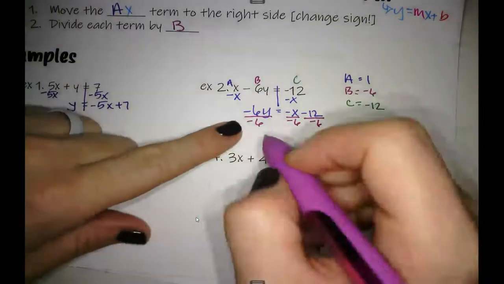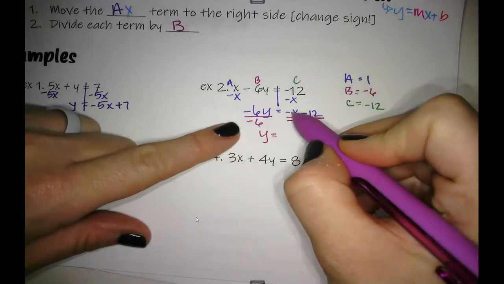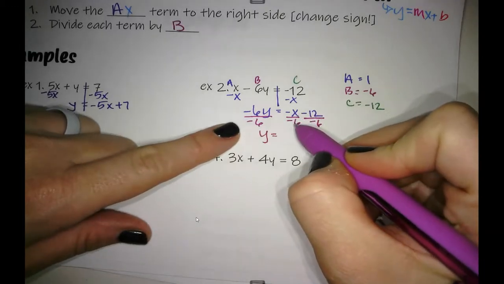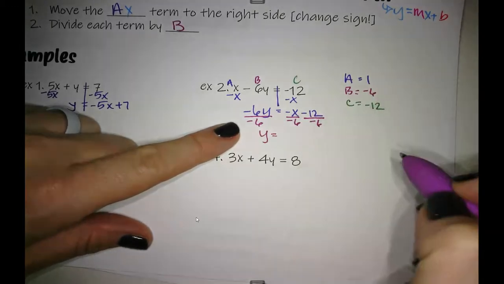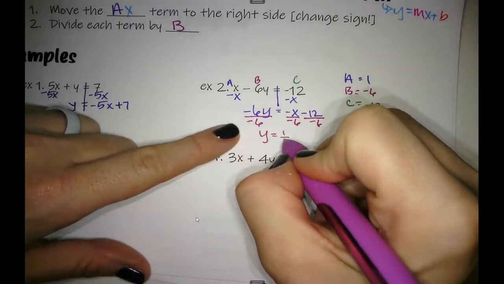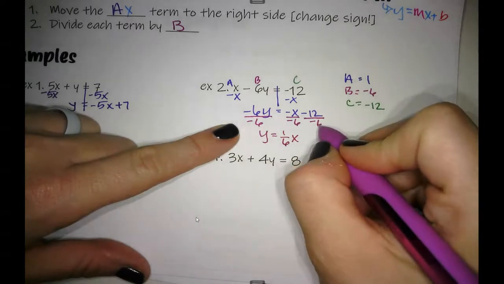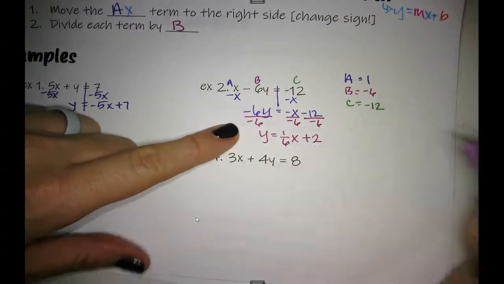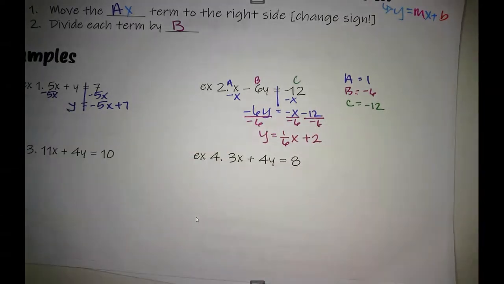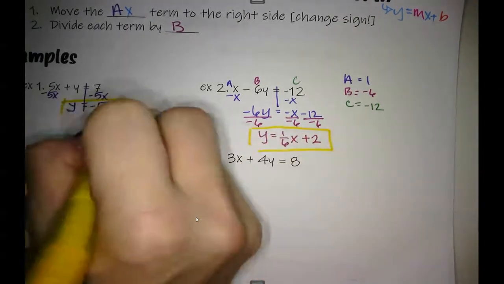So then what I'm left with over here is just y. And then I have negative 1 divided by negative 6. So that is 1/6x. And I have negative 12 divided by negative 6, and that is positive 2. And this is it converted.